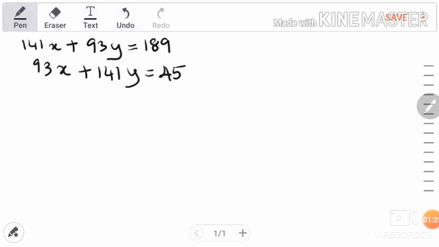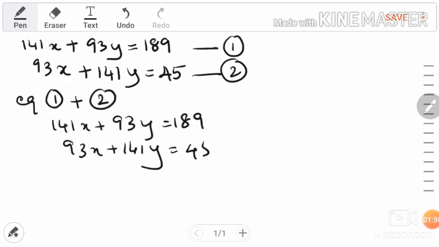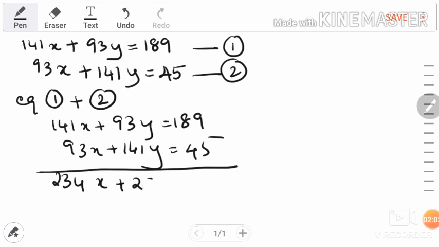Let's mark these equations as 1 and 2. We will first add the two equations. On adding the two equations, we get 234x plus 234y equal to 234.